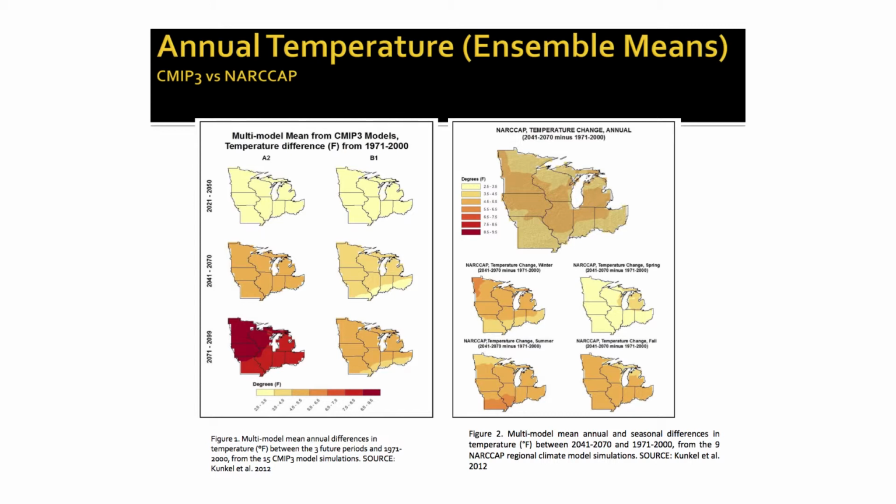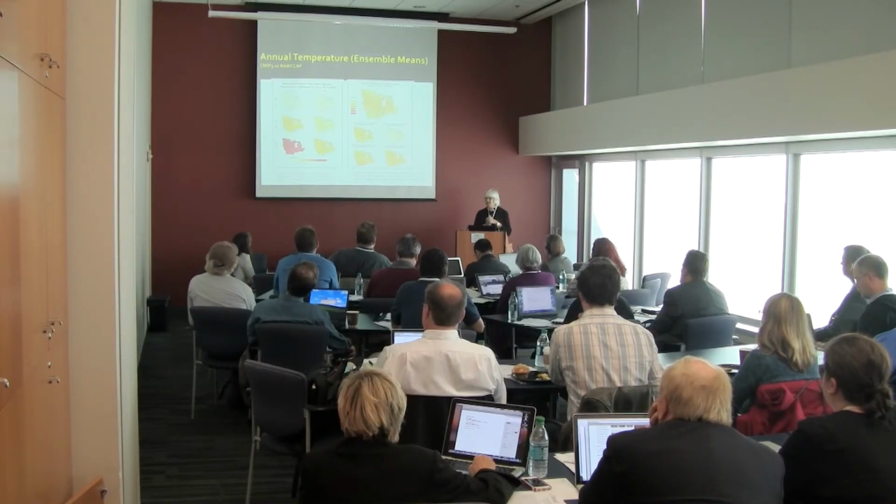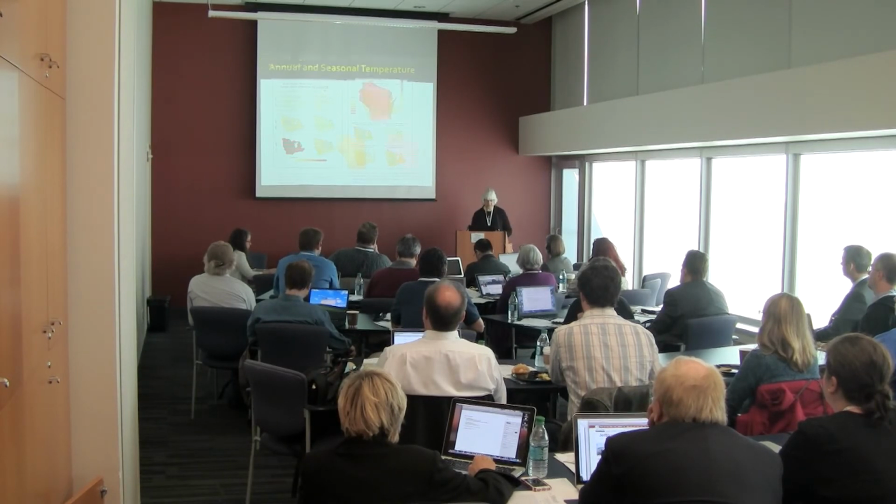One of the things you can see is that by mid-century the projected increase is relatively uniform across the area, but you can also see fairly substantial differences between seasons, with much less projected change in spring and fall, but especially spring, and very little spatial gradient in these two seasons compared to winter and summer. In winter, very interestingly, you can see a larger increase suggested for the northern part of our area, whereas in summer the largest increases are projected for the southern part of the area. So this gets at this idea of spatial variability.